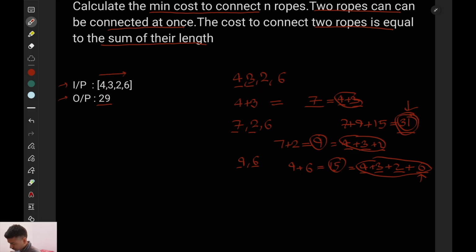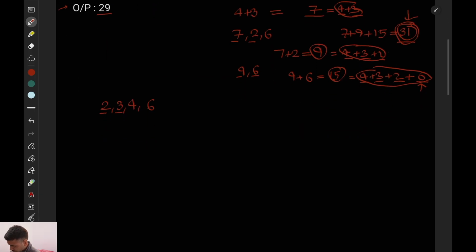So what we can do is we can sort this such that 2, 3, 4, 6. Merge ropes 2 and 3. Now 4, 6. Now merge rope 4 and 5, which is 9.